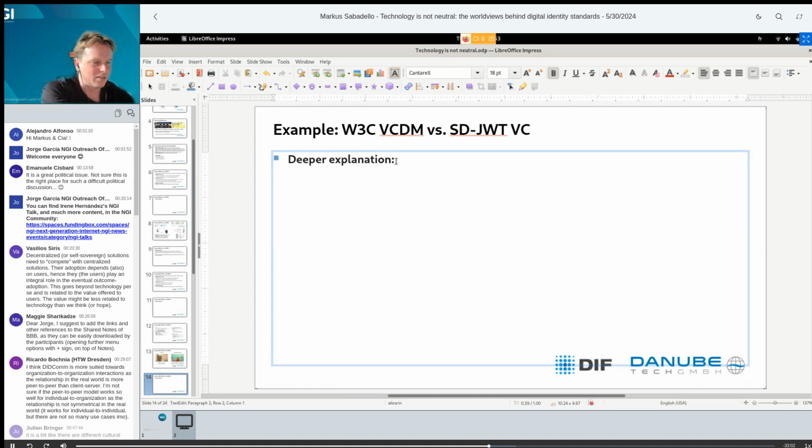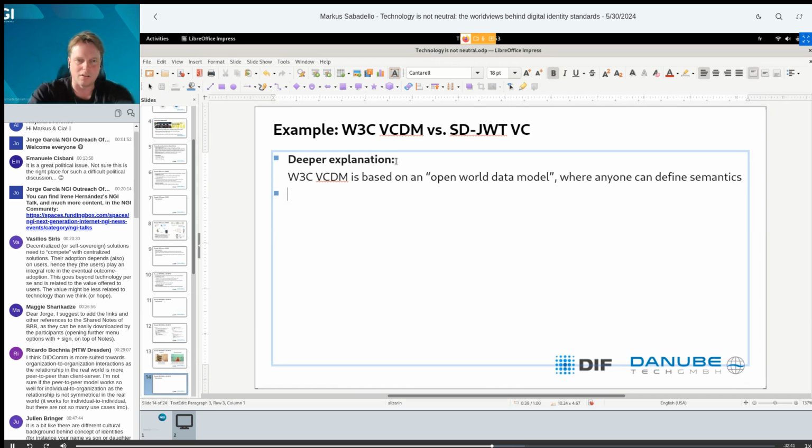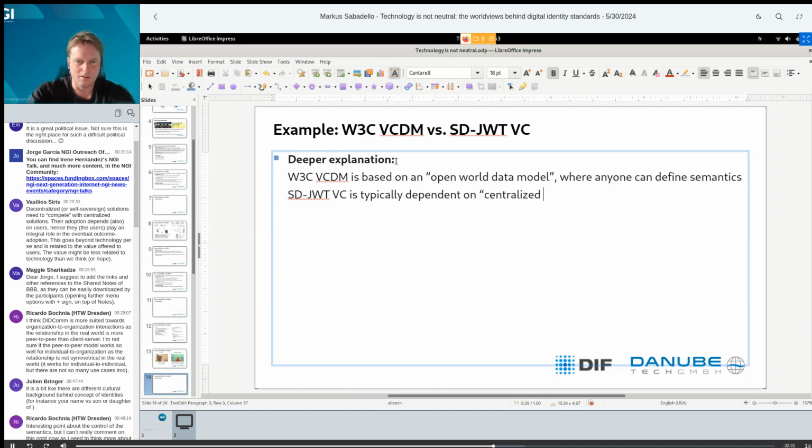I'll just quickly try to summarize this, and then I'll move on to the third one, right? So I could say W3C VCDM is based on an open world data model where anyone can define semantics, whereas SD-JWT VC is typically dependent on centralized registries of meanings of terms.